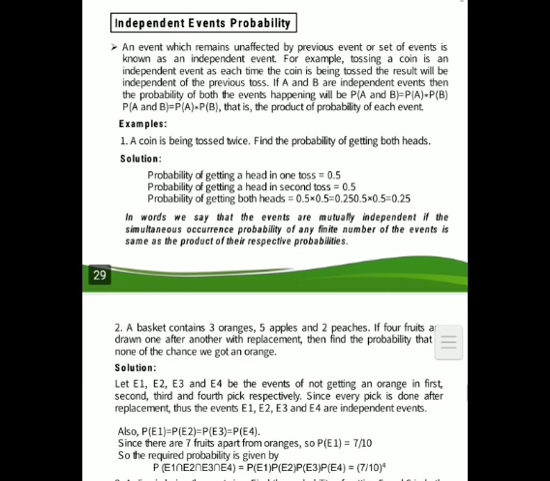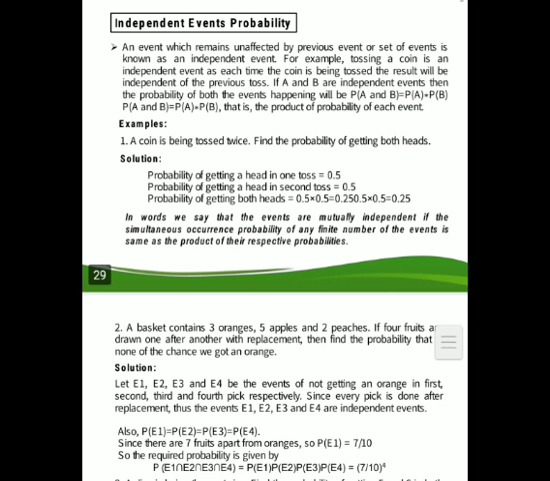Next example. A basket contains 3 oranges, 5 apples, and 2 peaches, and 4 fruits are drawn one after another with replacement. Then find the probability that none of the chance we got an orange. Solution: let E1, E2, E3, and E4 be the events of not getting an orange in the first, second, third, and fourth pick respectively.